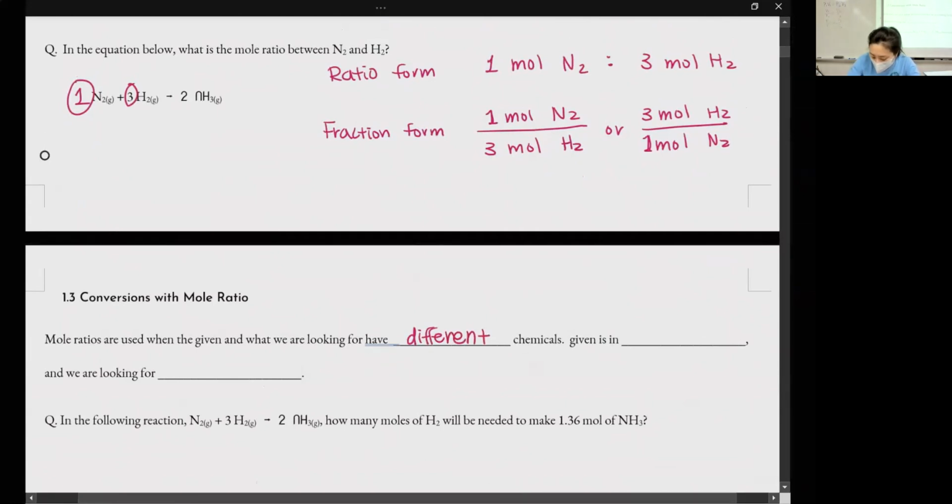Given would be mole of A, and then we're looking for mole of B when those are different.